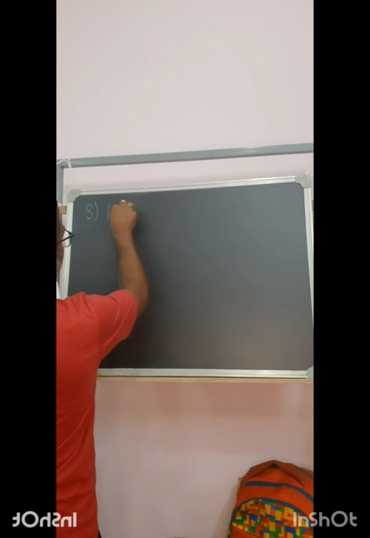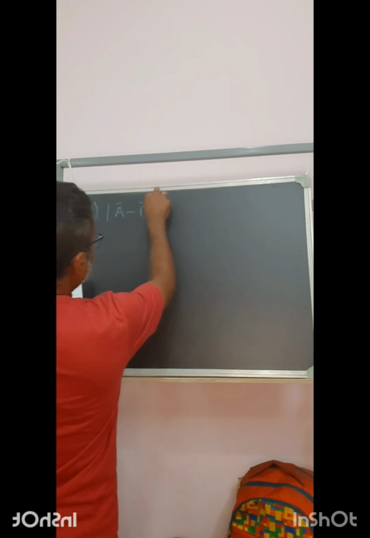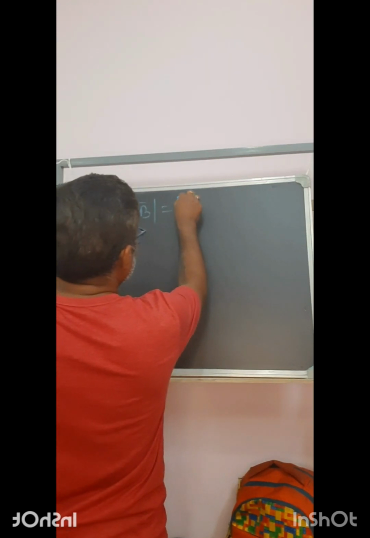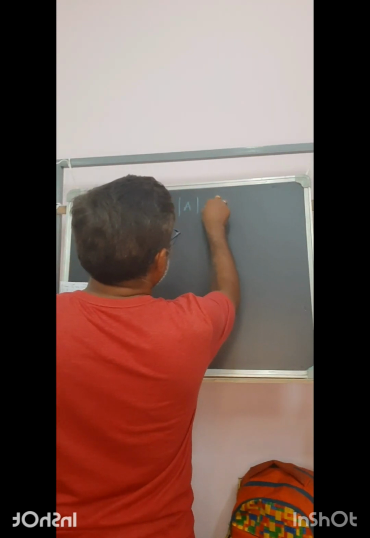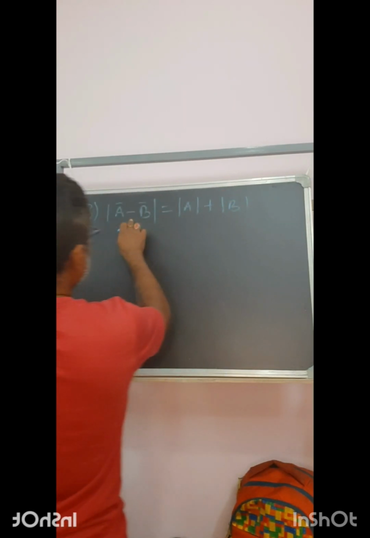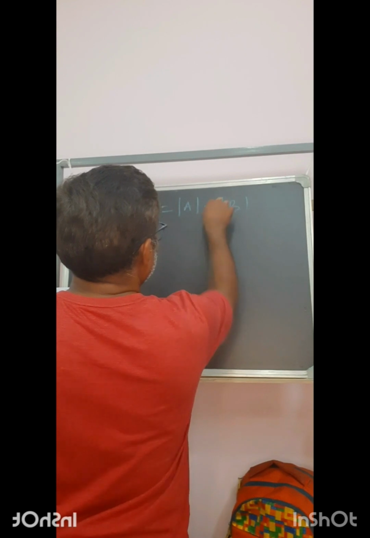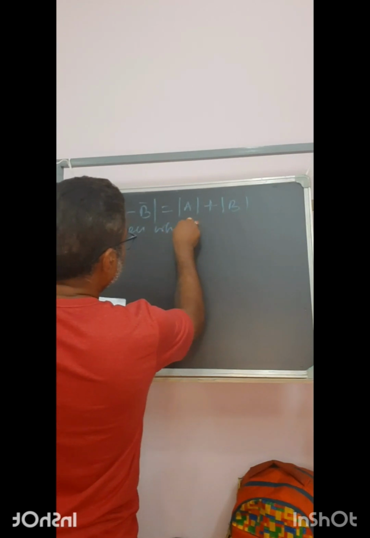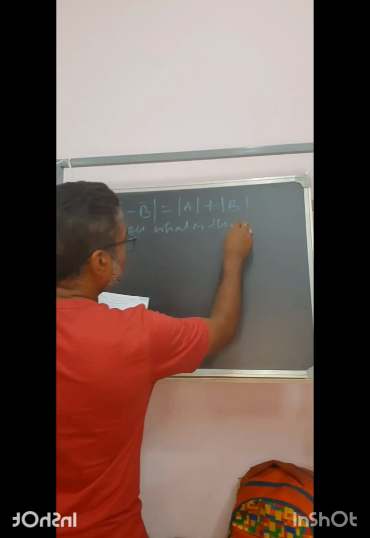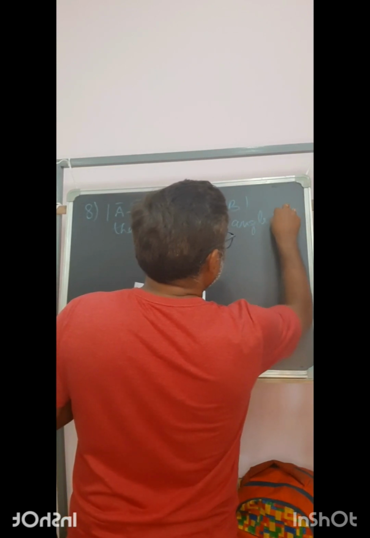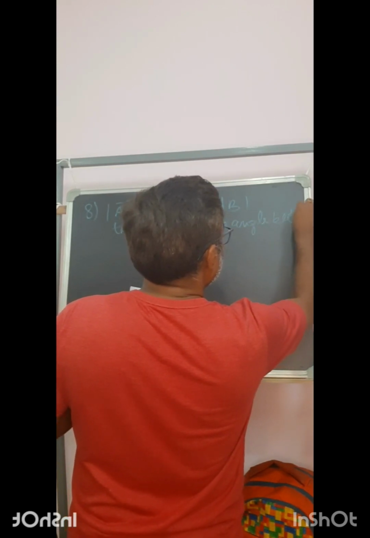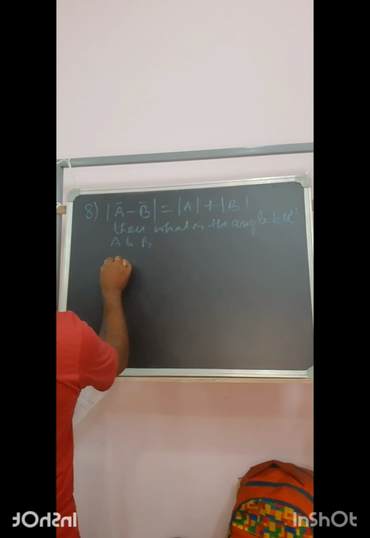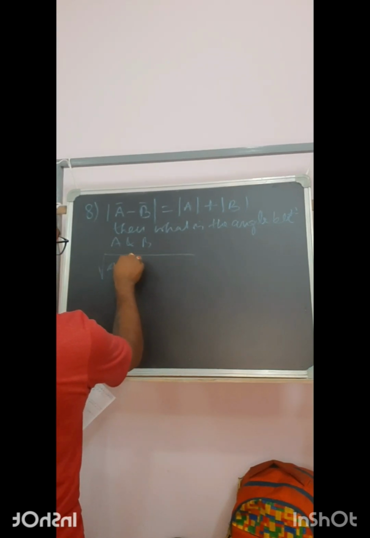If the difference of two vectors, and the mod of that difference, is equal to, this time it is minus; earlier it was plus, and the equation on the right hand side was the same. Then what is the angle between A and B?